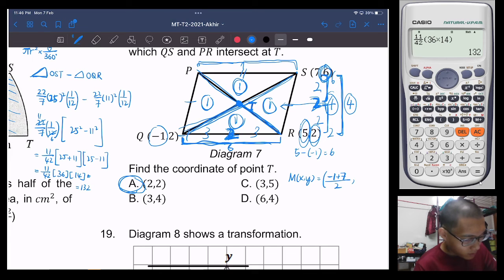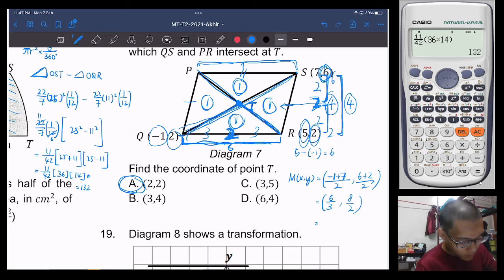Another one is 6 and 2, the y coordinate, 6 plus 2 over 2. No matter, you can also reverse it. So we have 6 over 2, it's 3, different already. And this one, 6 plus 2 is 8 over 2.